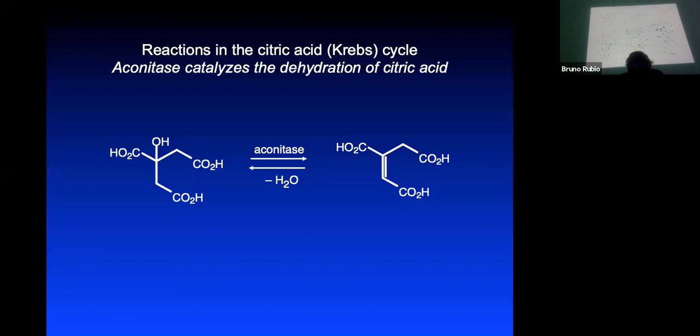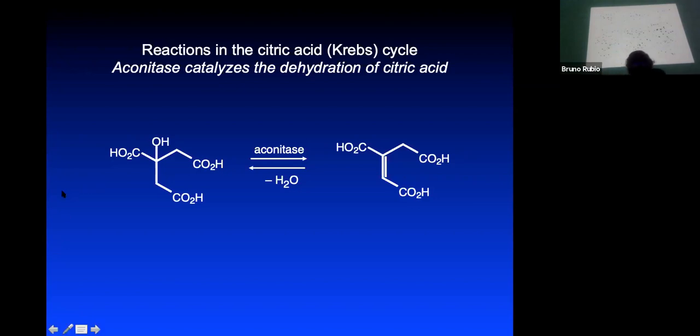Maybe you've heard of the citric acid cycle, also called the Krebs cycle, also called the tricarboxylic acid cycle. This is one of the three main energy producing pathways in a physiological system. The other two being glycolysis, that's the breakdown of sugar, and oxidative phosphorylation. Those are the reactions that involve ATP. Maybe you've heard of that.